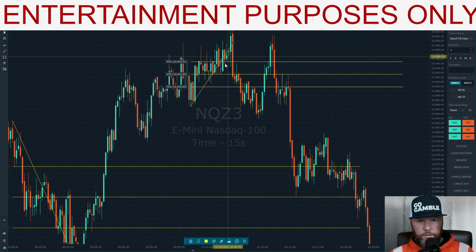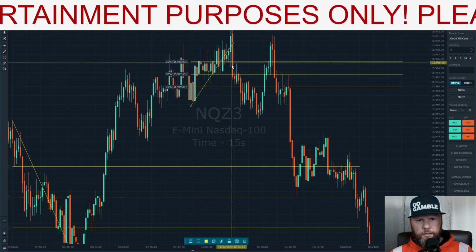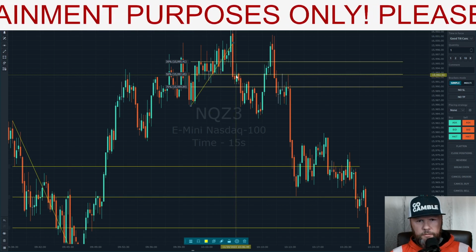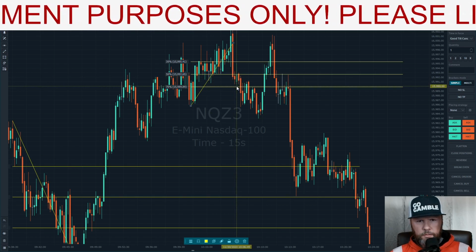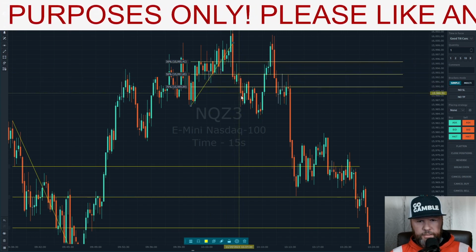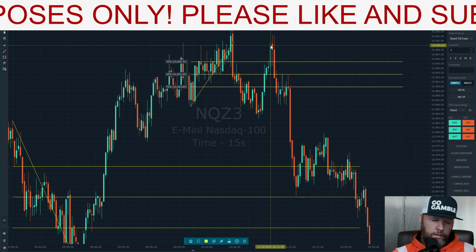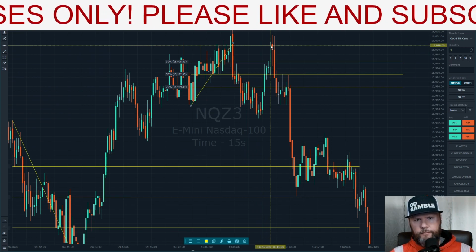So this one could be one. We broke above the high, comes back. We would have been tagged out on this one no matter what. So that also would have been a loser there.